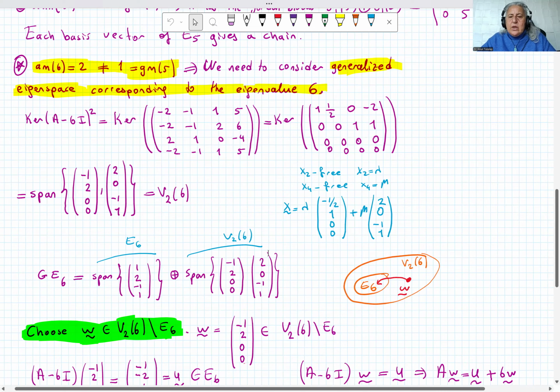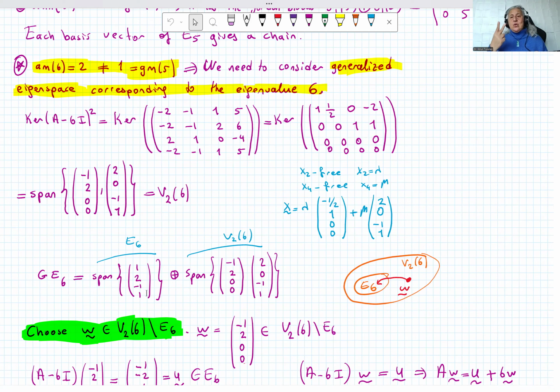Now, if we are going to choose a vector here, but not here, we only need a chain of length 2, because we have 2 column vectors corresponding to the lambda equal to 5 eigenvalue. Now we need 2 basis vectors corresponding to lambda equal to 6.